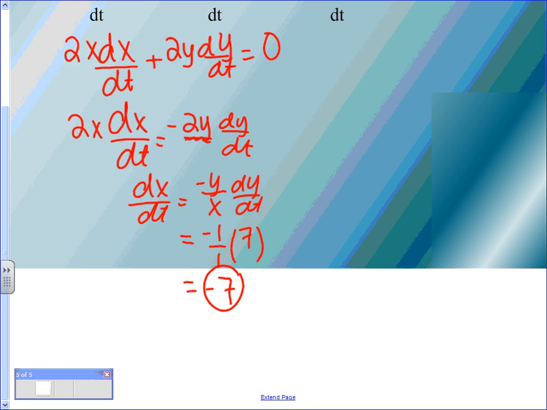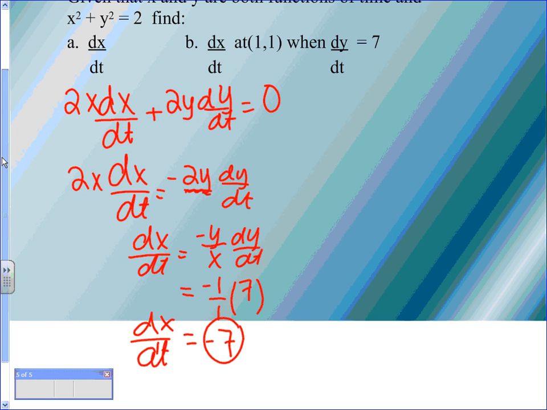Because dy over dt is 7. So dx over dt equals negative 7. Any other questions? Y'all see how these work? Okay. That's it.